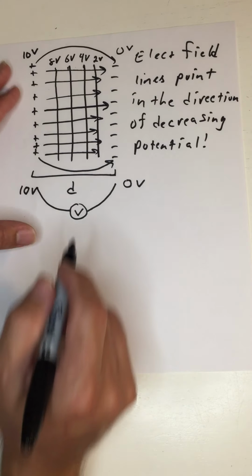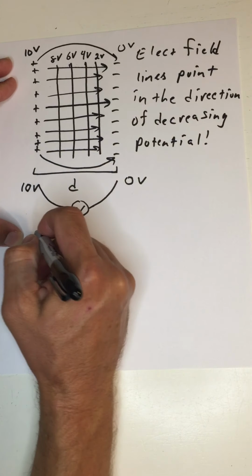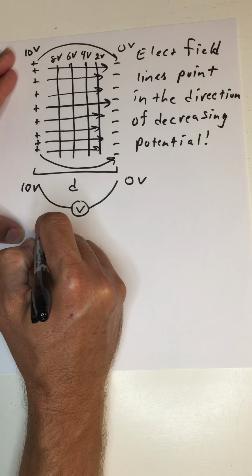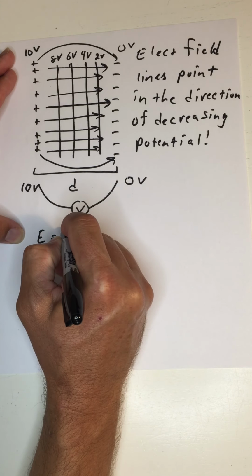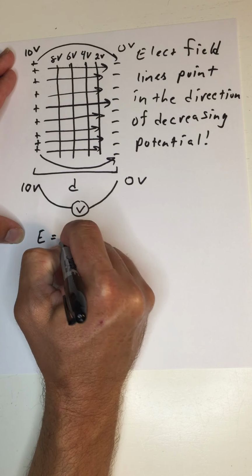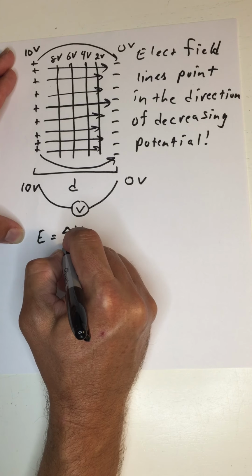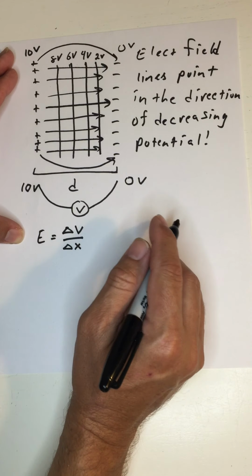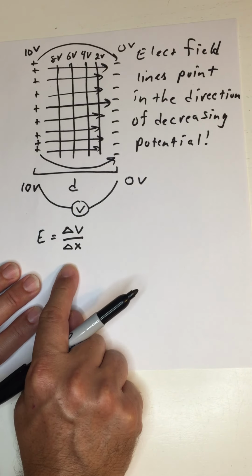All right, fair enough. That leads us to a really interesting way to characterize the electric field. The electric field here then becomes just simply delta V over, I'm going to write it this way, delta X. So this is what I want you to be familiar with.